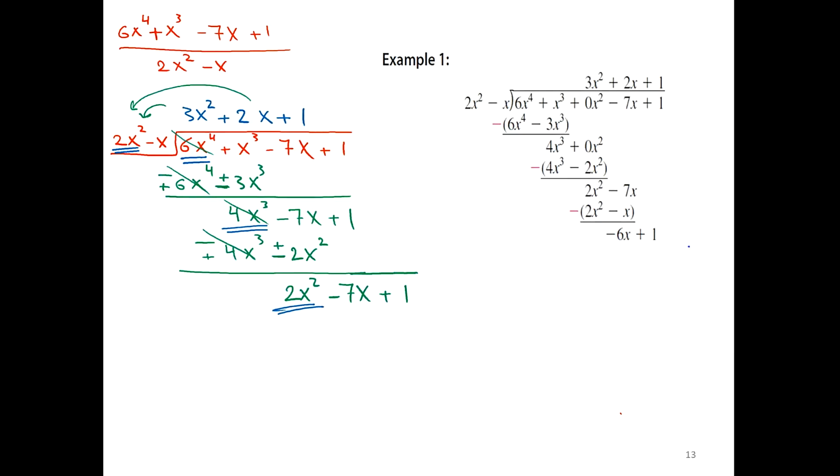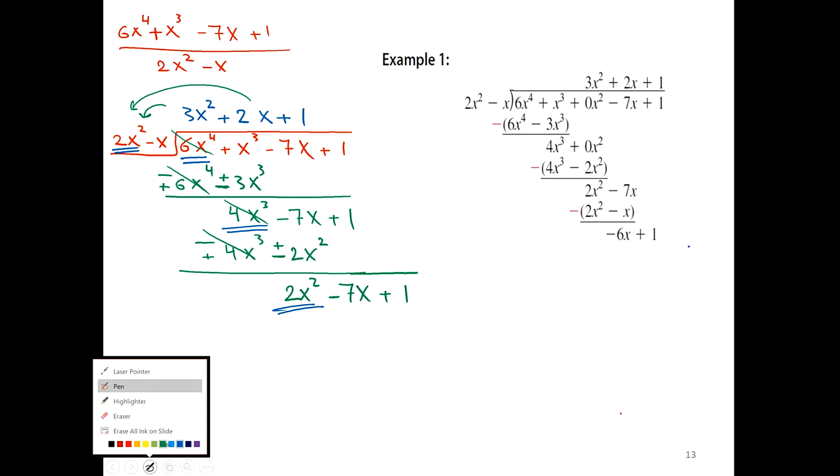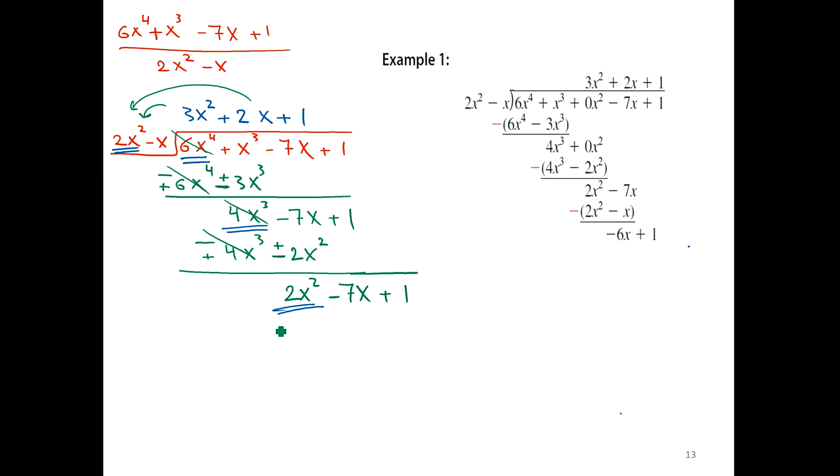So we have 1. Multiply 1 by 2x squared, multiply 1 by negative x. This is convert to negative, this is positive. Remove this one with this one. Minus negative 7x plus x, we have negative 6x plus 1.